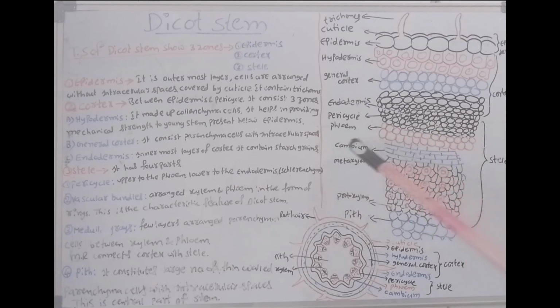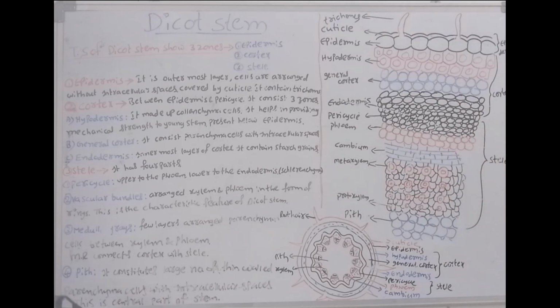In the middle part is called cambium. See here, medullary rays connect cortex with stele. You observe, this is cortex now. This cortex connects with the stele. This is cortex, this is stele. This is the function of medullary rays. This cambium is developed between phloem and xylem.